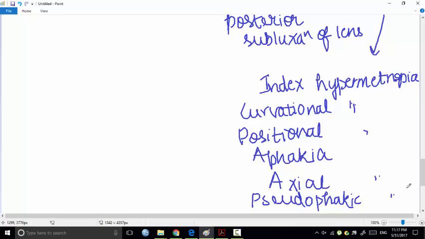All these are the different causes of acquired non-physiological hypermetropia.